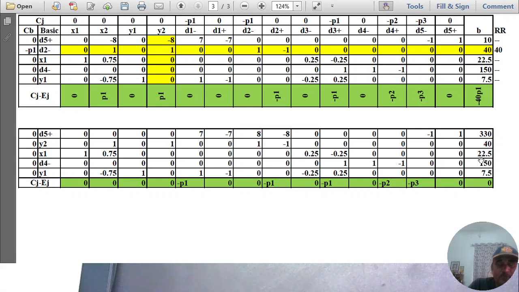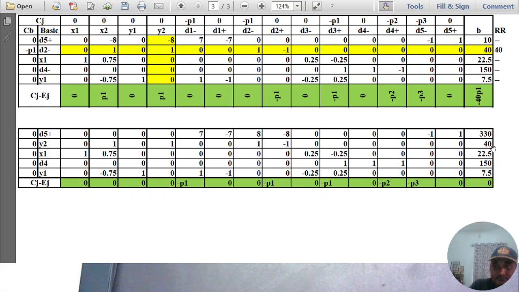Now, for assembling one unit of A, it takes 4 hours. 22.5 multiplied by 4 is 90, and the complete regular hours are exhausted just by producing 22.5 units of A. So it is obvious that B should be produced in overtime, and we are getting Y2 equal to 40, which was the demand for product B, produced in overtime.